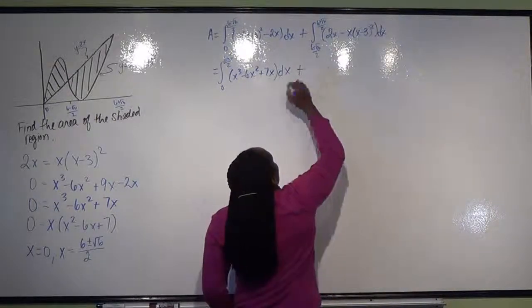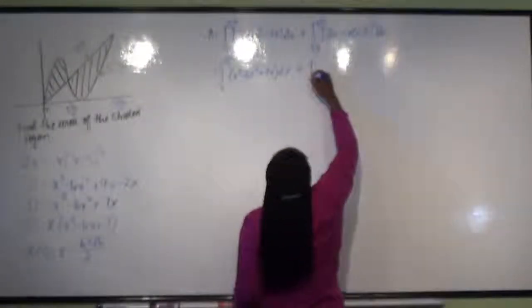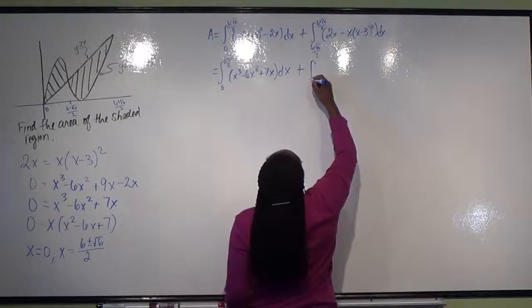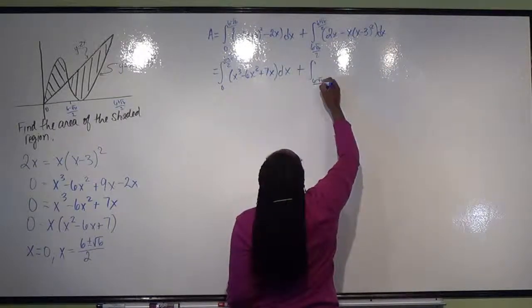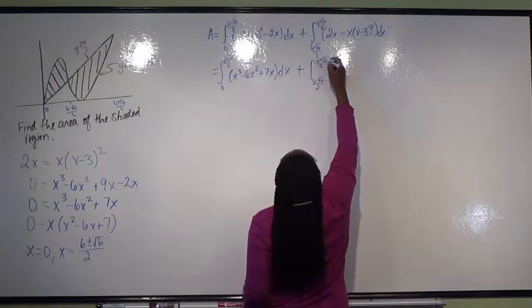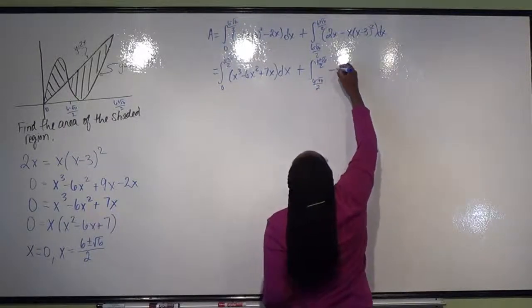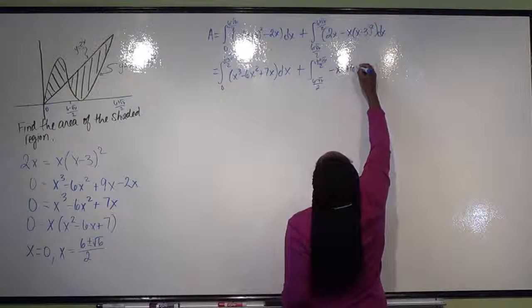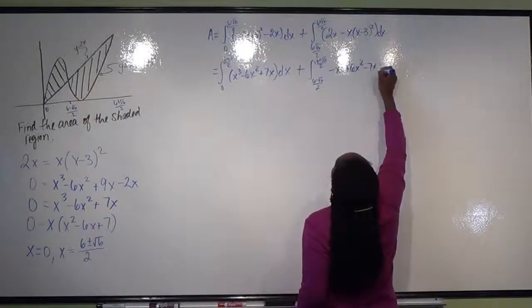Likewise over here, notice the only difference is a sign change. If I write it in polynomial form, the only thing that changes is the signs on the terms. So I'm going to get negative x cubed plus 6x squared minus 7x dx.